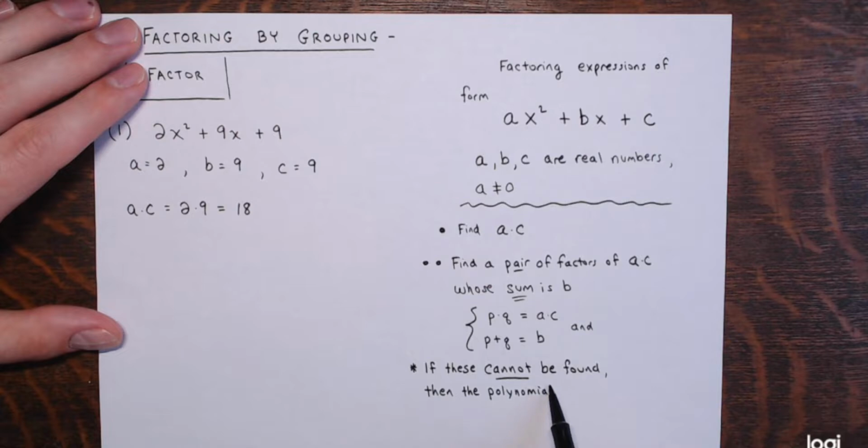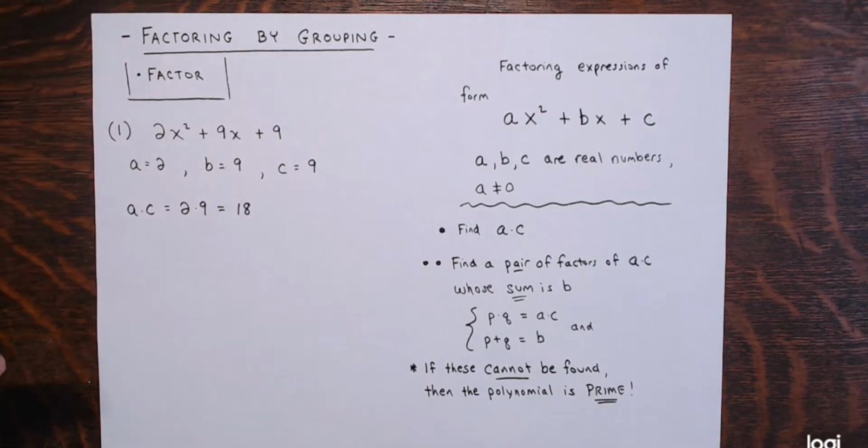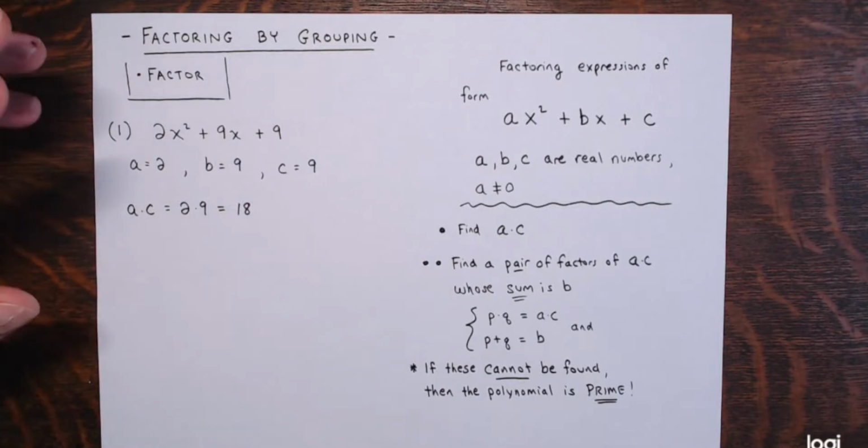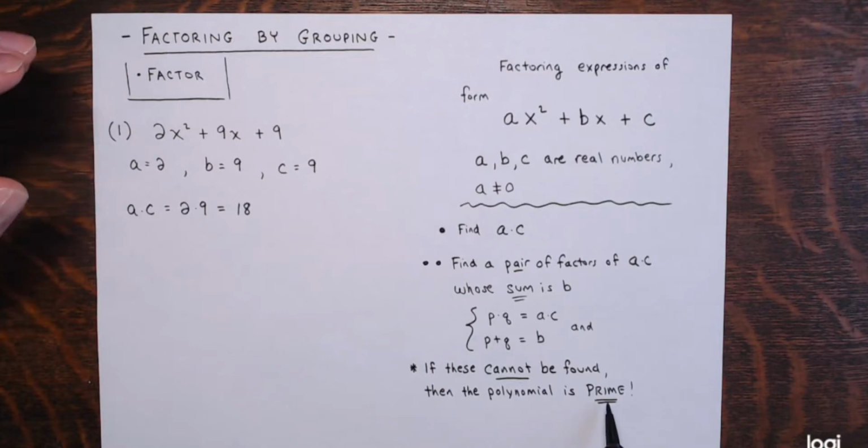The polynomial is prime, meaning it can't be factored over the integers. When we talk about factoring, I want to be able to factor things so that all the coefficients are always integers, so we say it's prime over the integers.